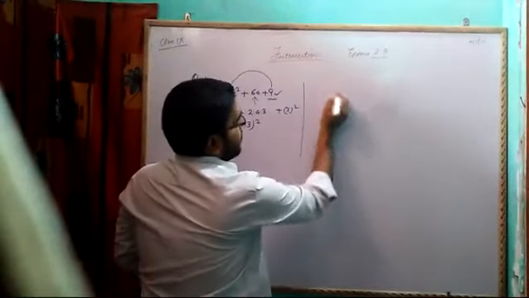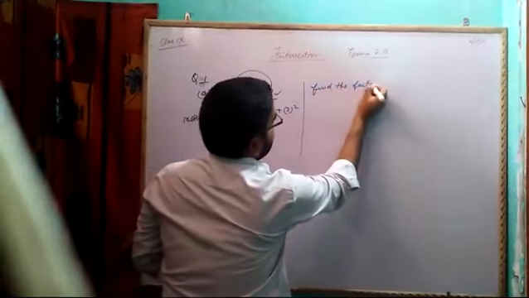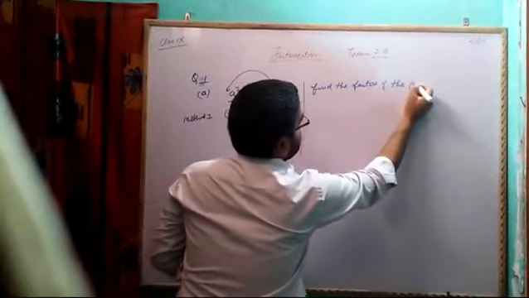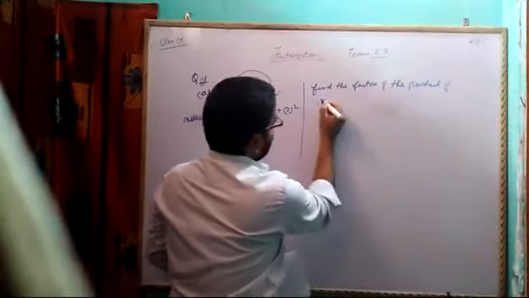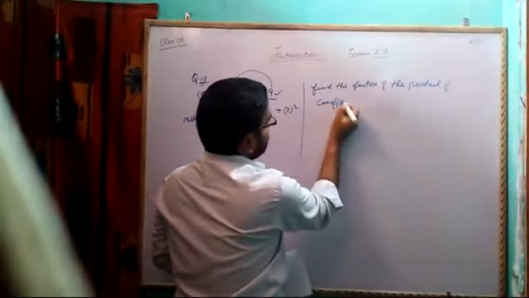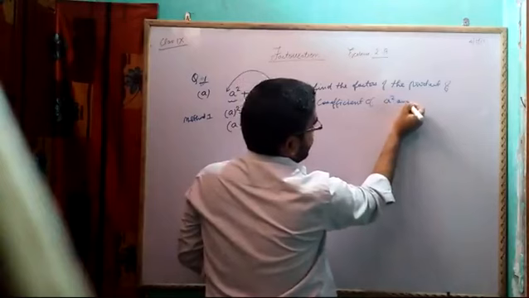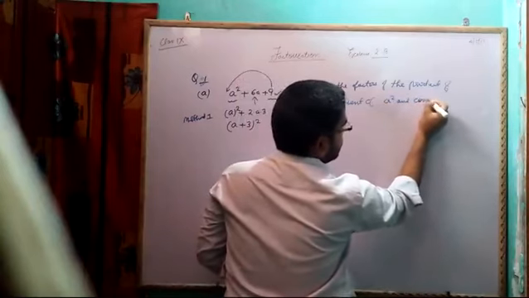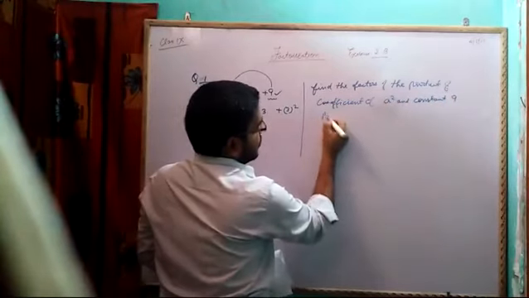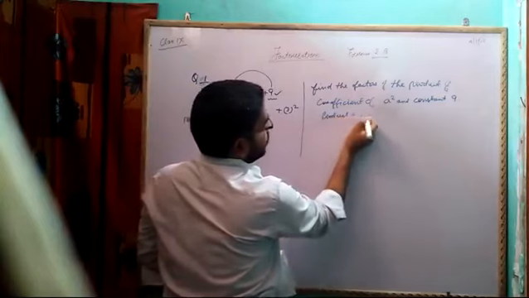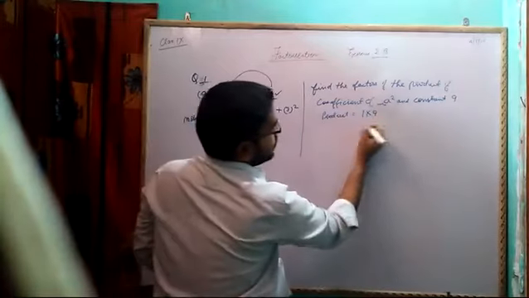The other way is just find the factors of the product of the coefficient of a square and the constant 9. So what is the product? The product is equal to 1 into 9, because the coefficient of a square is 1, and 1 into 9 is 9.